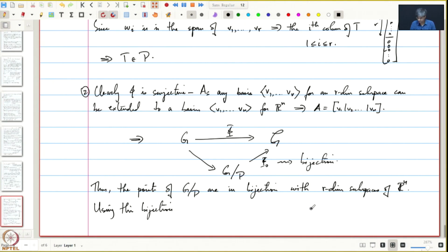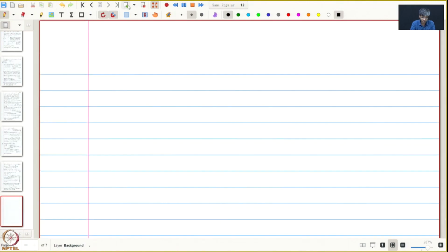So using this bijection, we can give this space of r dimensional subspaces of Rn, this set G, a topology. So we identify G with G mod P using this phi naught, and a subset of G is open if and only if its inverse image under phi naught is open. So G mod P has a topology, and using this bijection, we can transfer the topology.